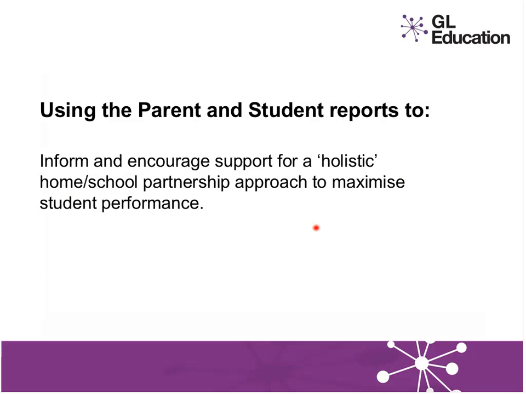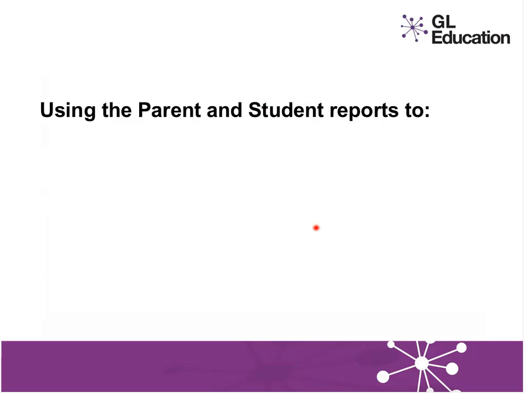So you can use the parent and student reports. I think I'll show you an example of the student reports to generally inform and encourage support for a more holistic partnership, really, with parents. And this all links back to that 360-degree view of the learner.